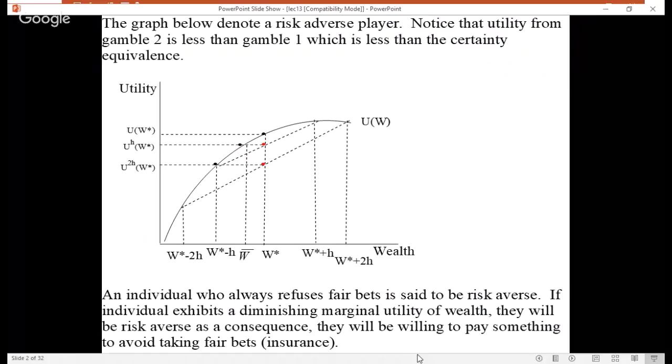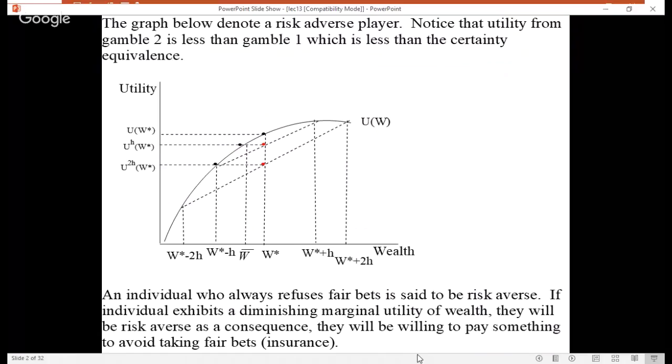I can take a bet where I either win H or lose H. In that case, if I win H, I have W plus H, and my utility will be up here above W star. However, if I lose H, my utility will be down here.